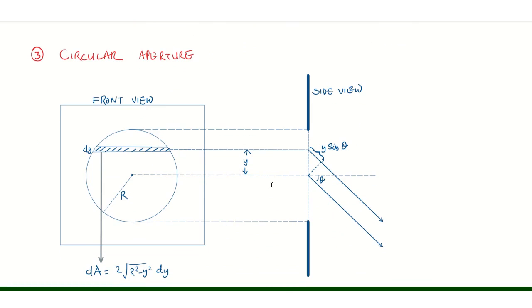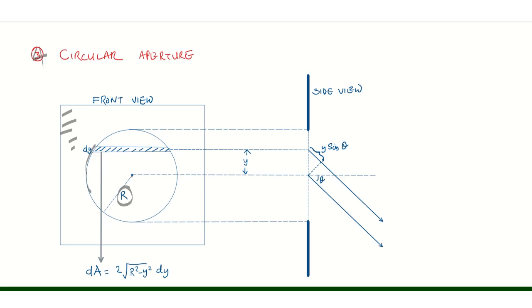Now we go to the fourth situation, the circular aperture. If you have a screen like this rectangular screen and you make a circular aperture over there, this circular aperture has a radius of r.